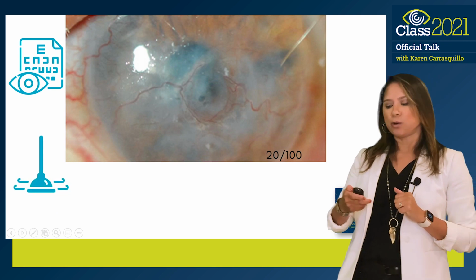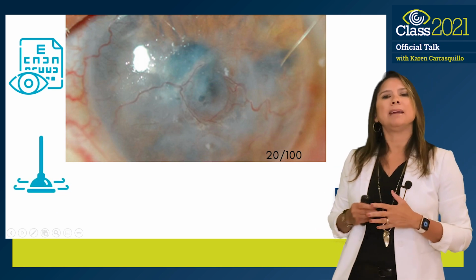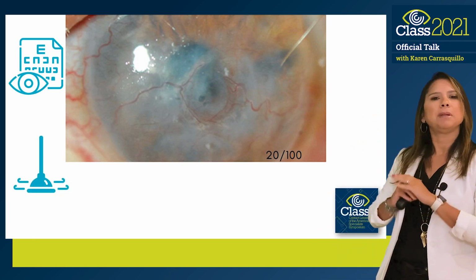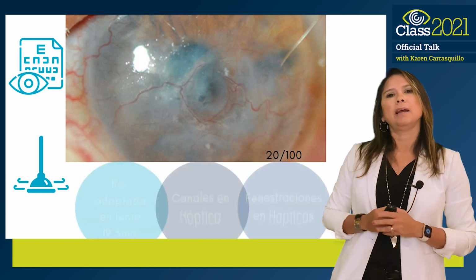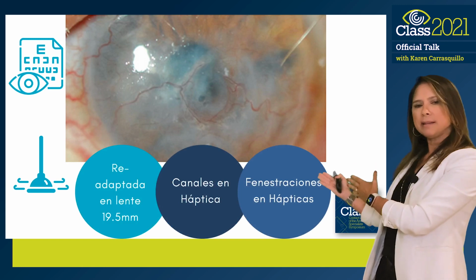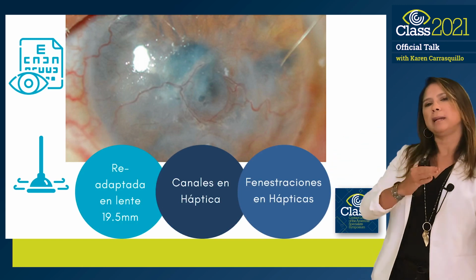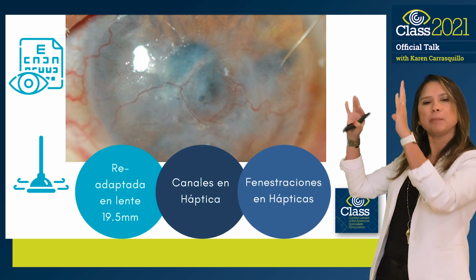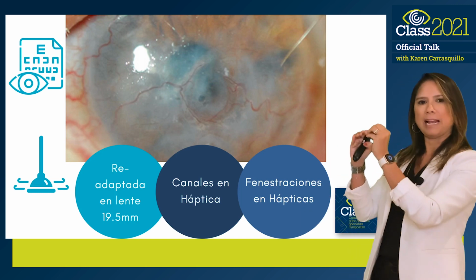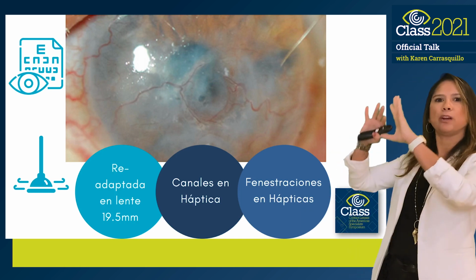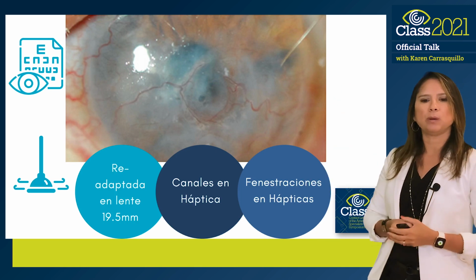At that moment, the only thing that I think is viable is to look for strategies to minimize suction. So the first thing I'm going to do is readapt this cornea back to the 19.5 lens to continue protecting that ocular surface, because not only the cornea or the edema, but I want to protect the ocular surface in general.